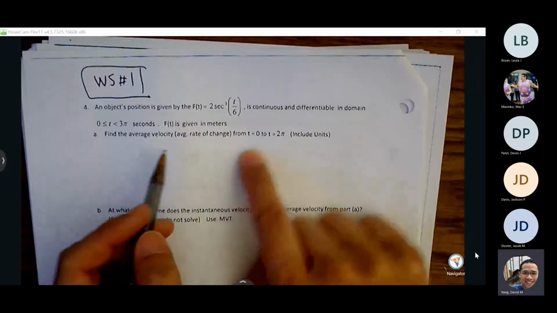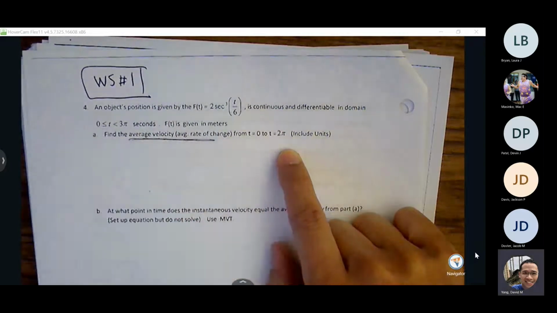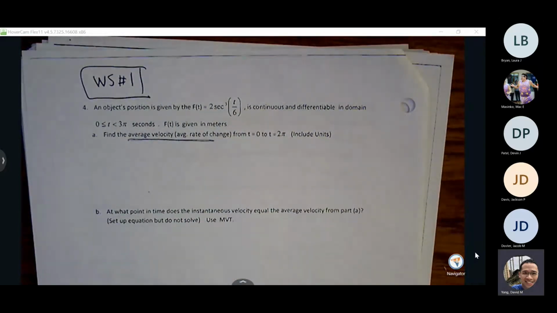Okay, average rate of change, average velocity. All this is just finding slope between endpoints. Okay.